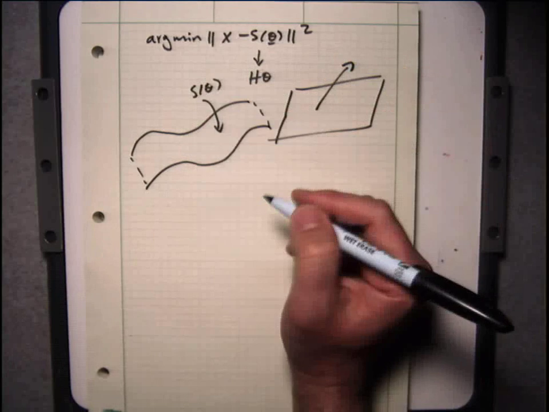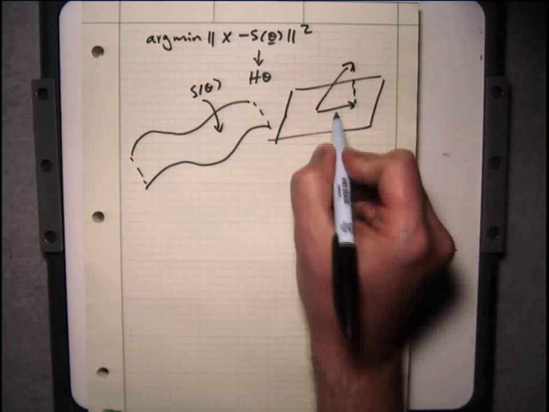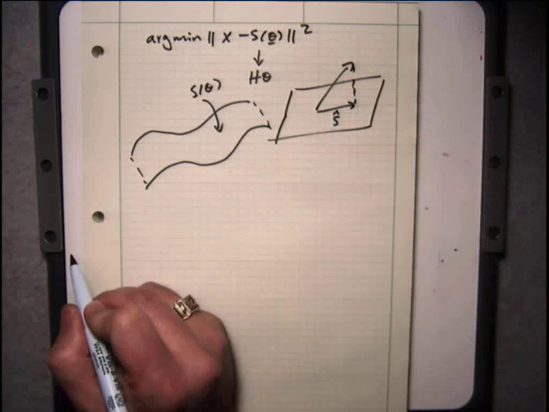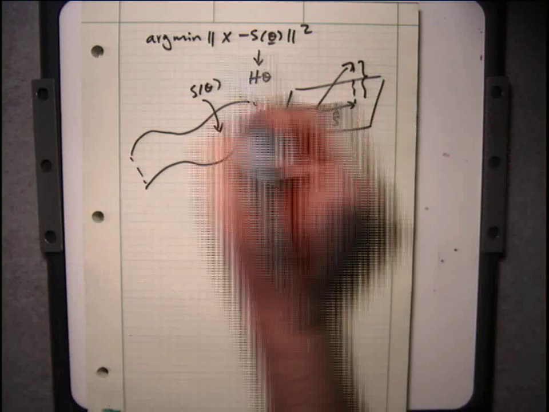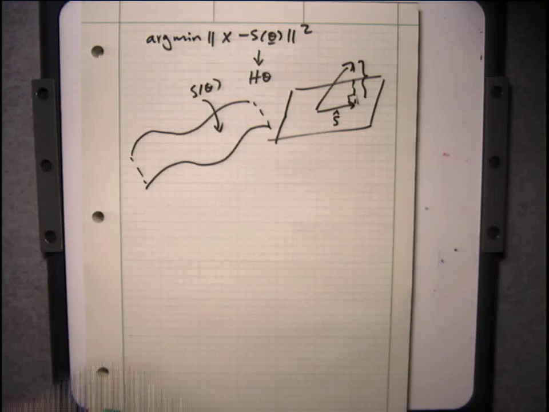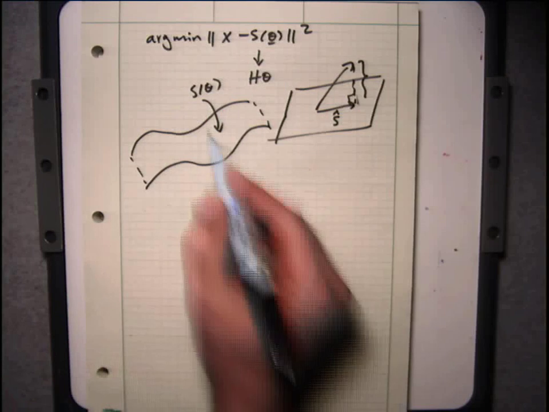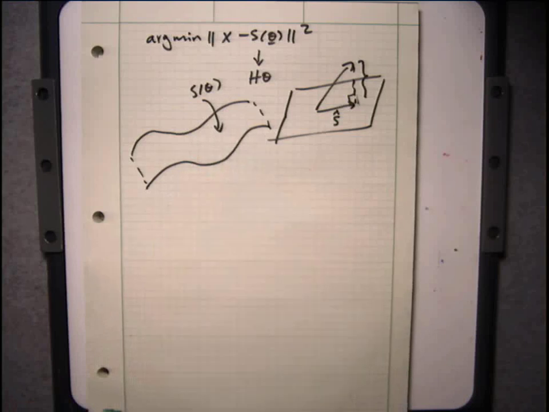And what least squares does is it projects it down perpendicularly, and it gets an estimate of the signal, which minimizes this distance, which is the error. And that's exactly what this error is. When it gets minimized, that's exactly this orthogonal distance. Okay. And it has the same interpretation if s lives in this complicated space. It's still a projection, except that the projection is not onto a plane, but onto a more complicated surface.